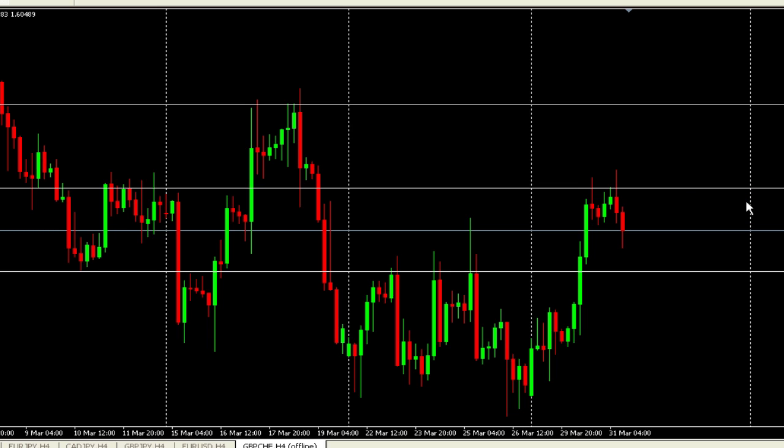Based off the fact that it has taken multiple attempts in the past to break through this 161 level, that could be a reasonable expectation.